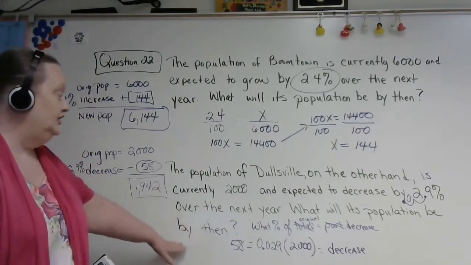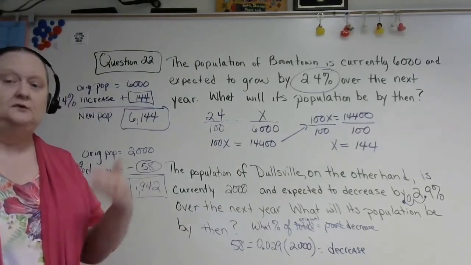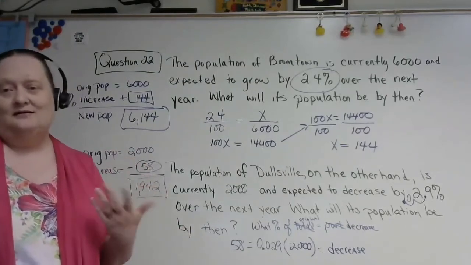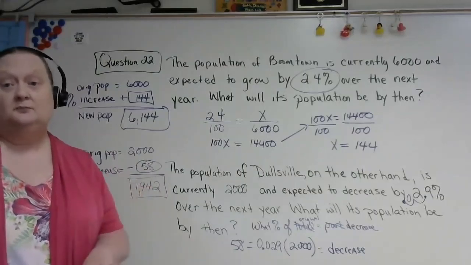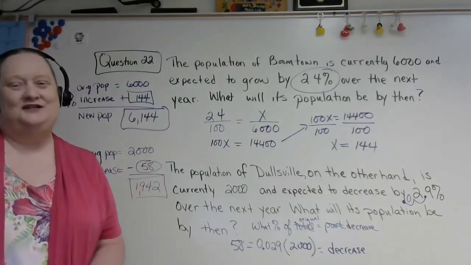So what is the new population? 1,942. Notice I put a comma there to make it easier to read, but in the computer, please don't put the comma. And that concludes question 22.